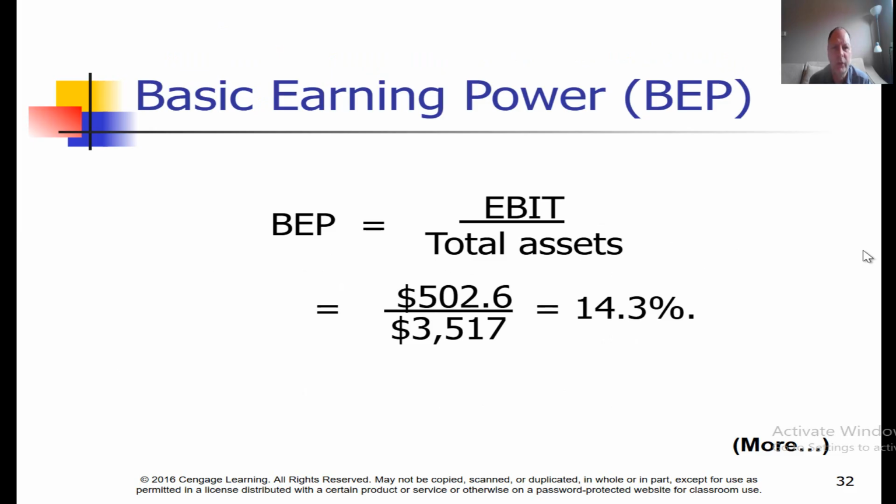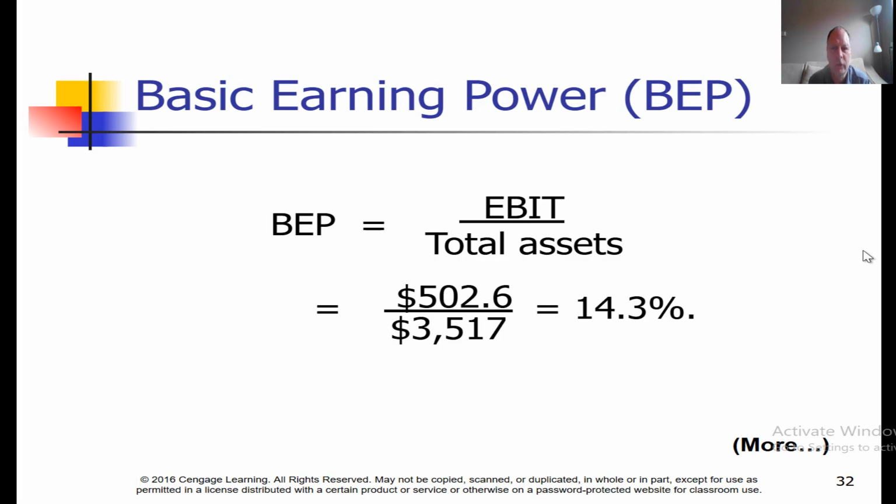Other ratios you could look at would be basic earning power. So now we are looking at a rate of return off total assets, but again looking at earnings before interest and taxes to take out any issues with how the company is financed or how it manages its taxes.